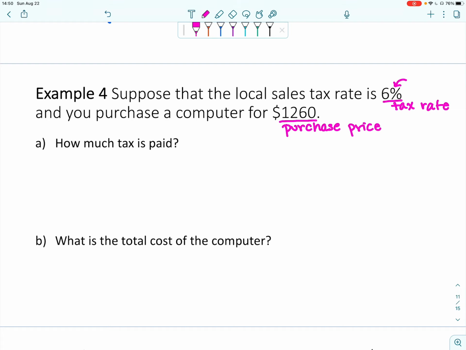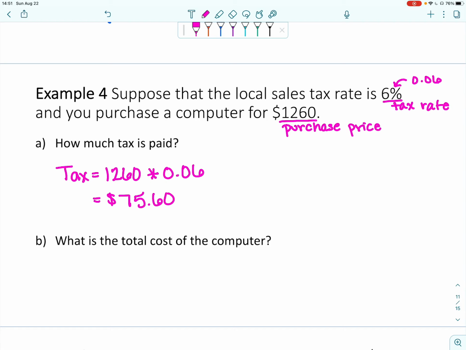And we want to write our percentages as decimals because we can't do math with percentages. We can do math with decimals, but we can't do math with percentages. So then to find the tax that we pay, we're going to take our purchase price of $1,260 and multiply that by the tax rate as a decimal, and we get a tax amount of $75.60.